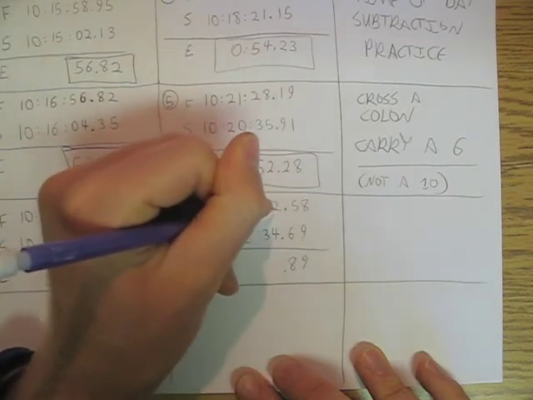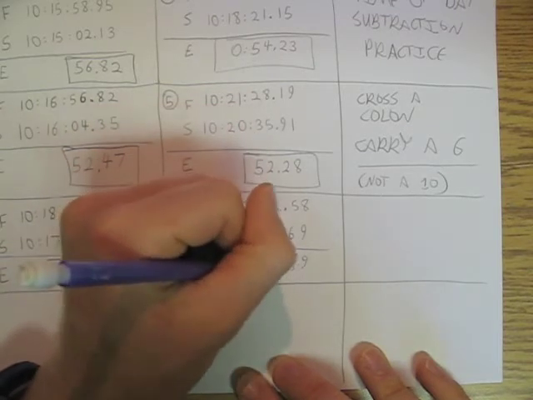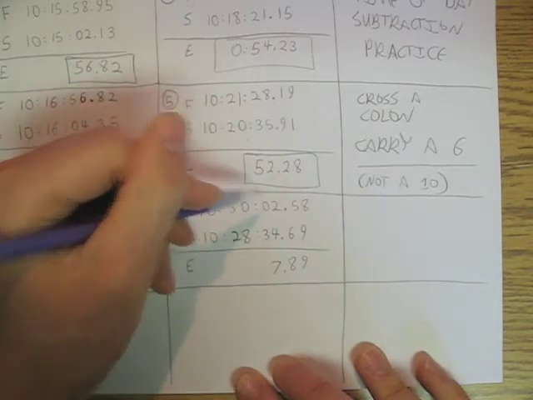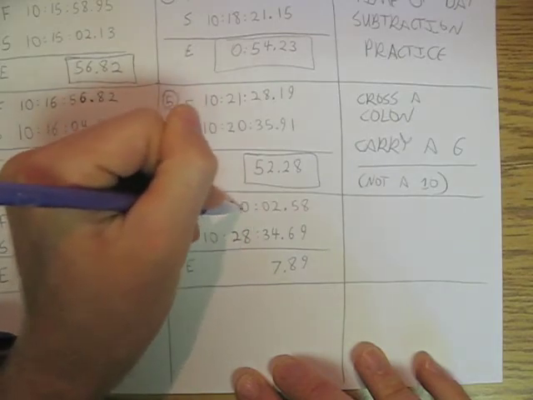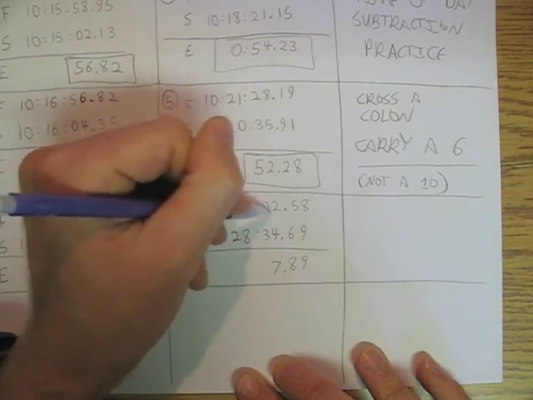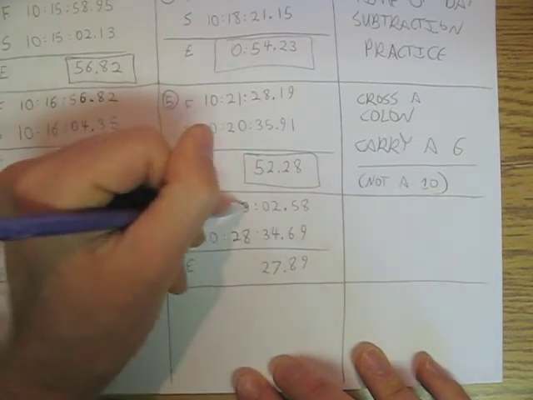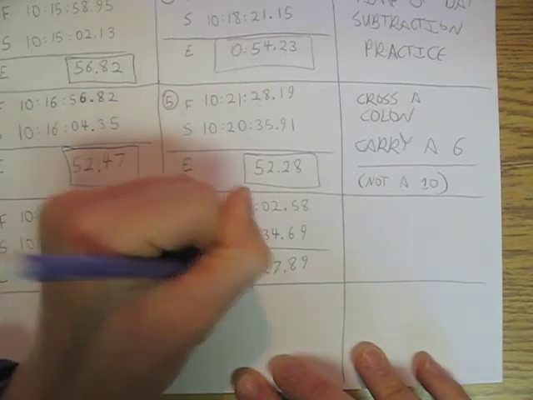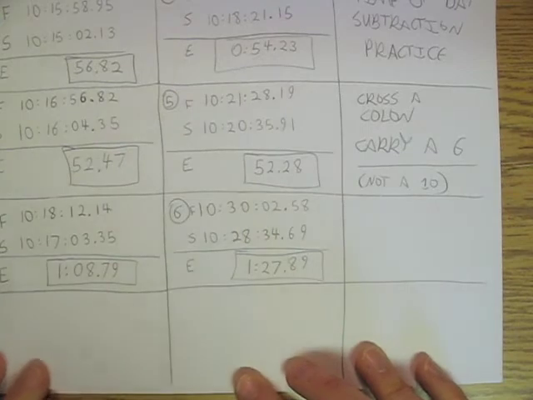That's a 1, so it's an 11. 11 minus 4 is going to be 7. Now this is tricky. I brought a 6 over, then I brought a 1 over from that, so that's a 5 now. 5 minus 3 is 2. That's a 29, so that's 29 minus 28 is 1. 1:27.89 is the time there.